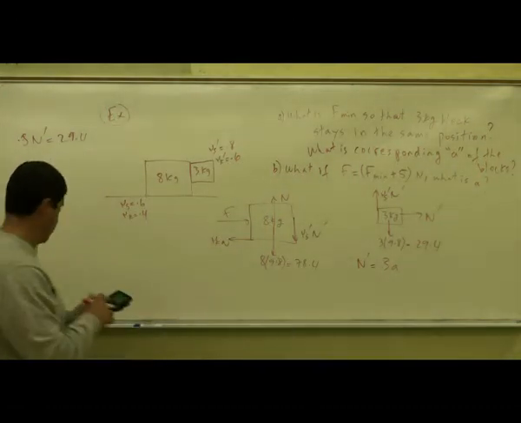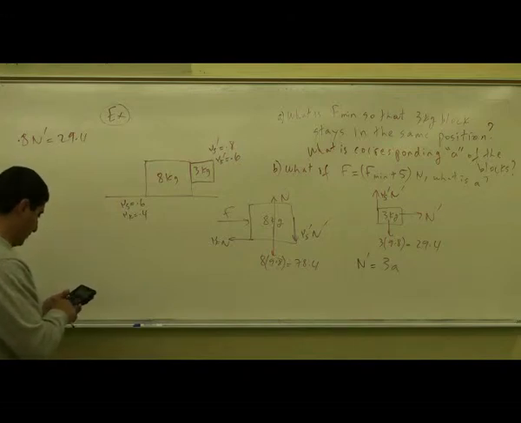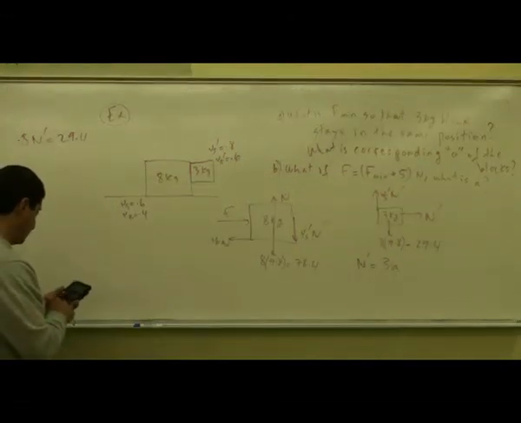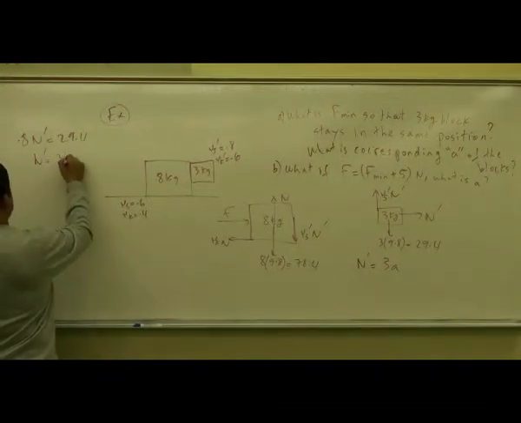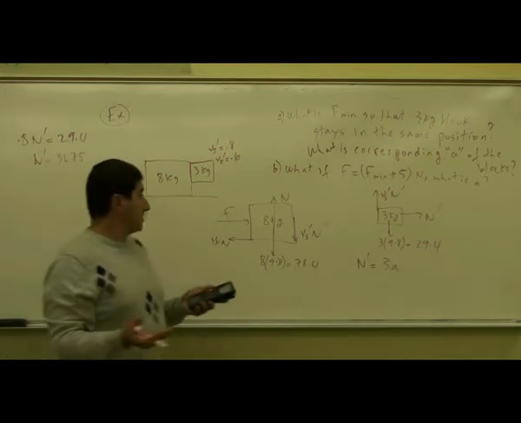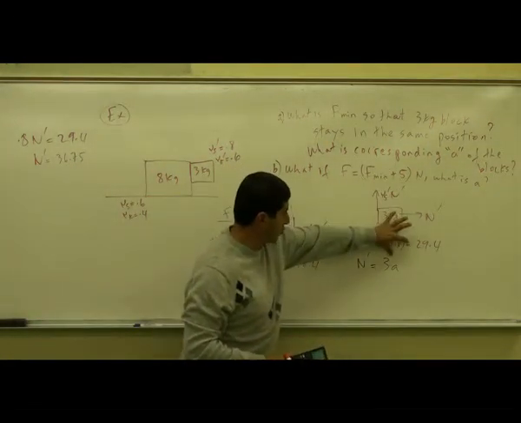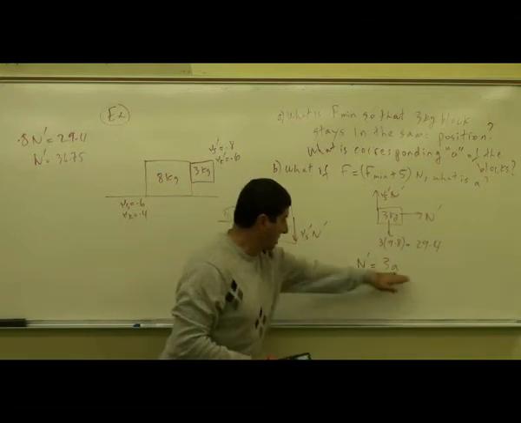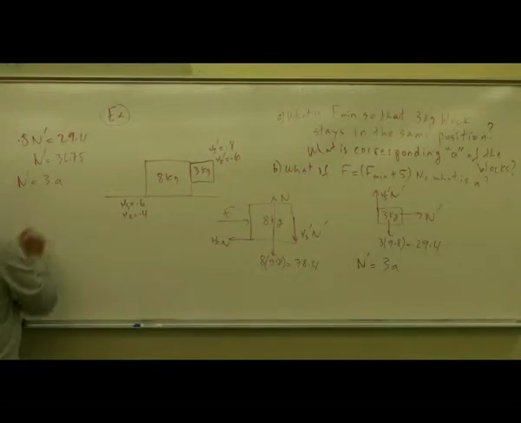29.4 divided by 0.8. N prime has to equal 36.75 newtons in order for this to equal that. Therefore, in the horizontal direction, we have N prime is equal to 3A.